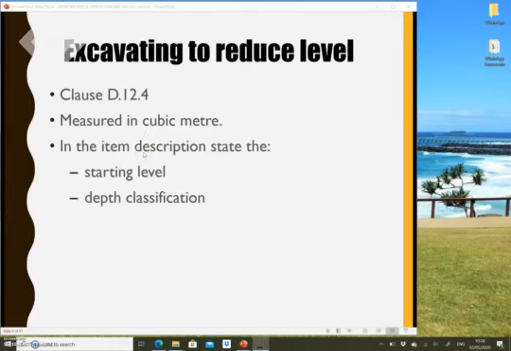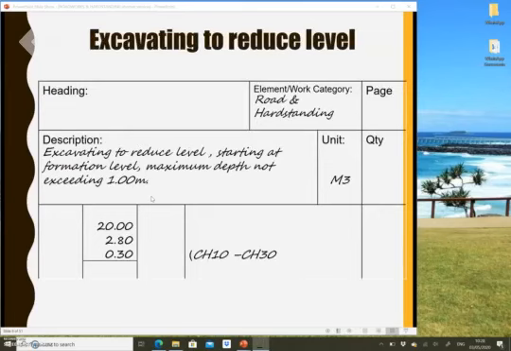You need to mention the starting level. The starting level, you can have a look at D11. You can choose between the ground level, reduced level, and formation level. And then depth classification is under D10. So you need to mention the maximum depth of your reduced level excavation.